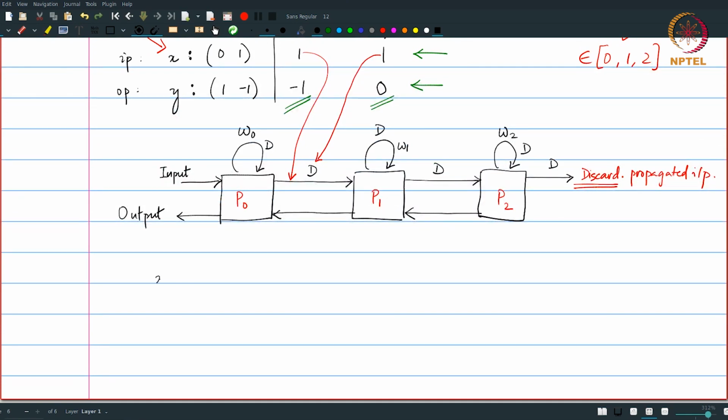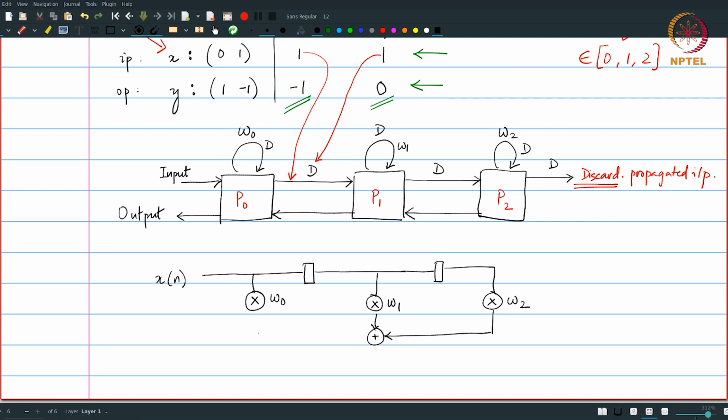Yes. Effectively, what this is telling you is that this corresponds to X of n being multiplied by W0 over here, being passed through a single delay element, being multiplied by W1, another delay element, and being multiplied by W2, and now finding its way back by means of additions that happen in each of the computations.